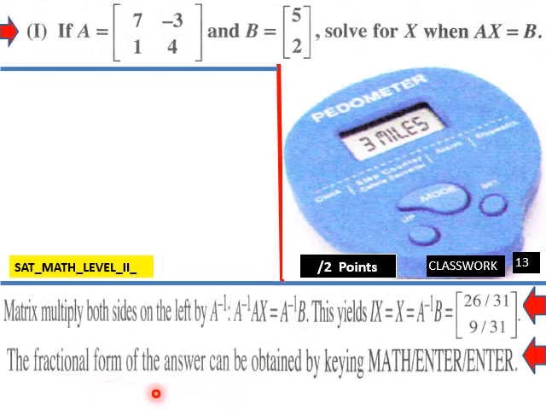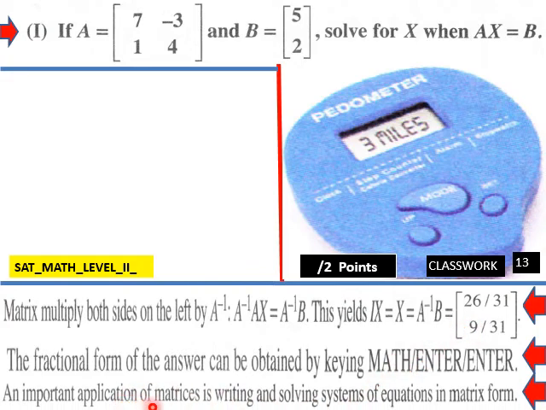The fractional form of the answer can be obtained by keying math enter. You'll probably get decimals first, and then you can go from your decimals to fractions. Either way, decimals will be fine, but the test itself will probably offer answers in fraction form.